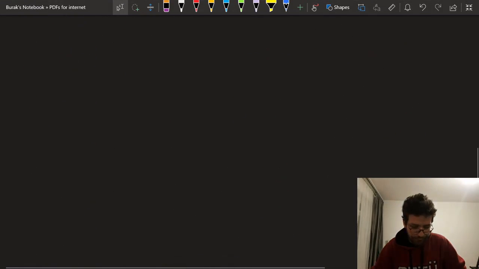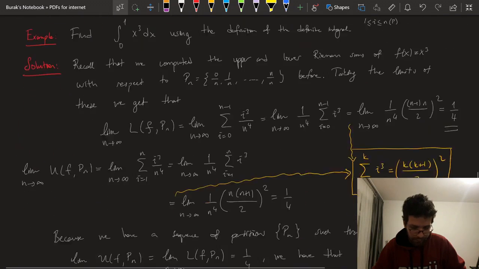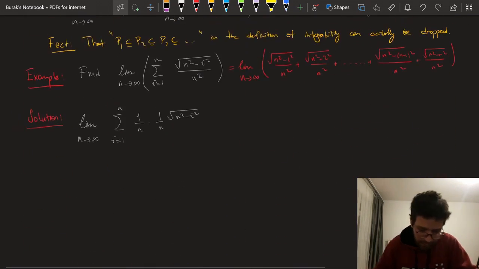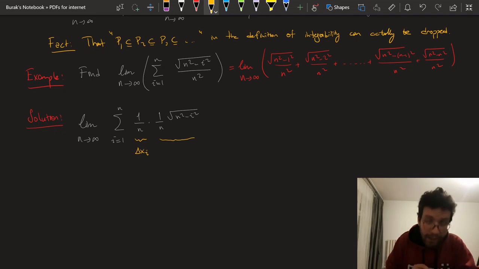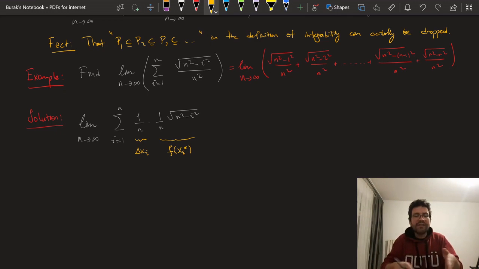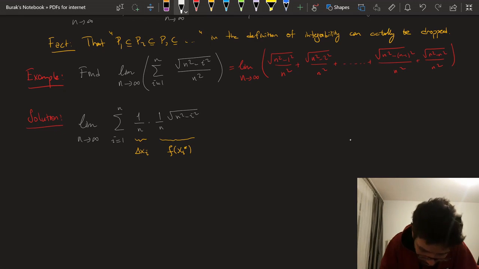Okay, so I'm going to see this as my delta x_i, and I'm going to try to think of some function f so that this will be my f of x_i star, where x_i star is the sample point that I'm using. So I'm trying to see this as a general Riemann sum. Okay, so let me play with this more.